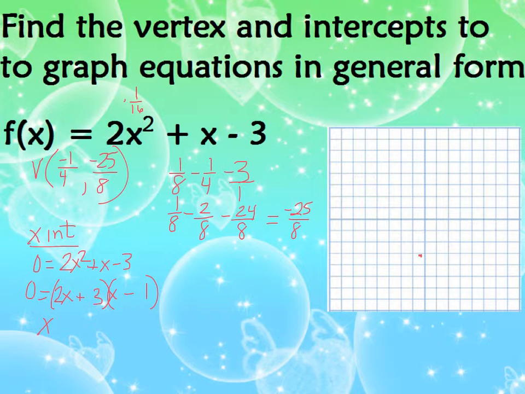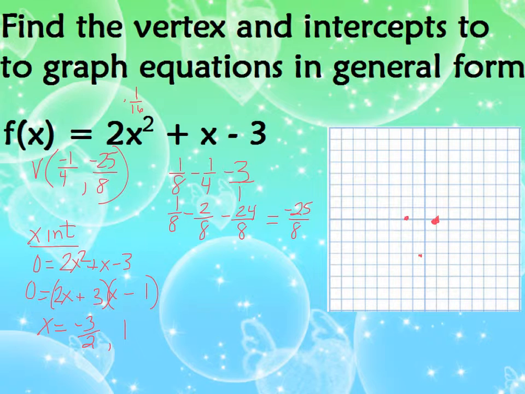Okay, so x is going to equal, in this first one, if I set it equal to 0, I'm going to subtract 3 and then divide by 2. On the second binomial, I'm just going to add 1, so I'd have that. So those are my x-intercepts. Now those aren't actually all that bad. Crossing at 1 and -1.5 is what 3/2 is.